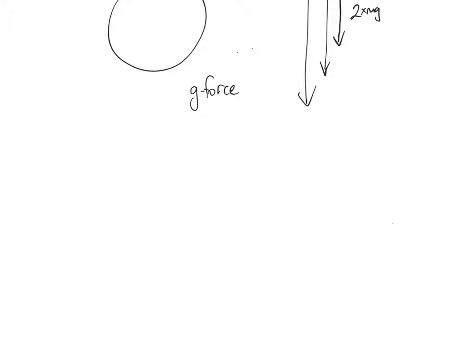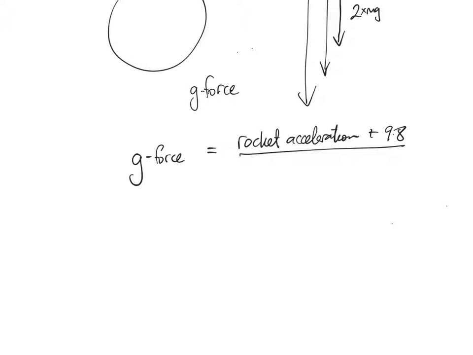We can work out g-force using the equation: g-force equals the rocket's acceleration plus 9.8, divided by 9.8, or acceleration plus g divided by g. And that gives us our g-force. The acceleration of the rocket can be worked out, and we'll see that in later quick lessons.